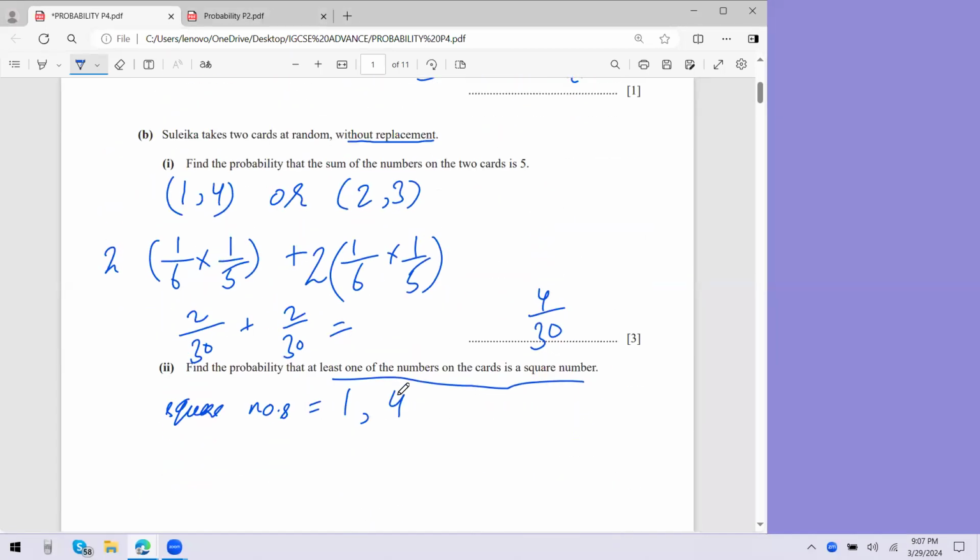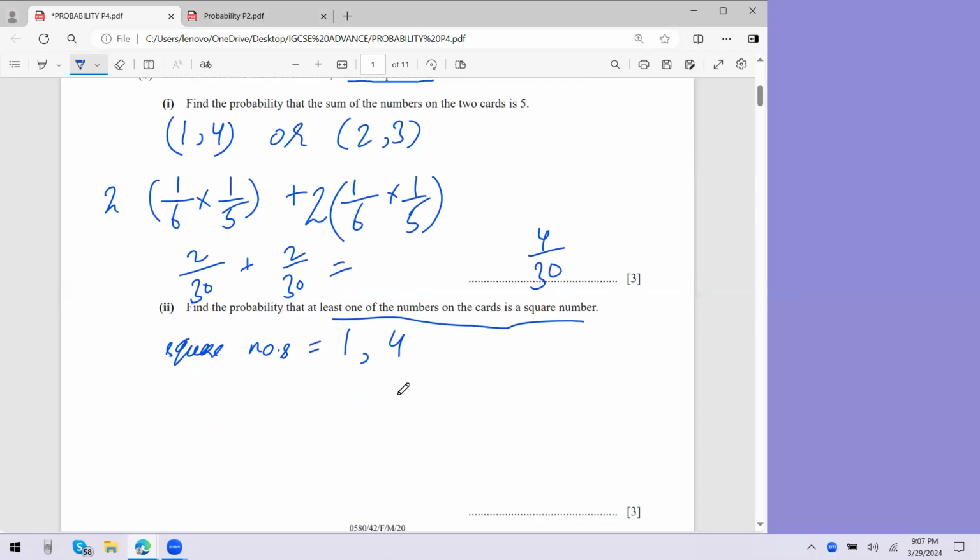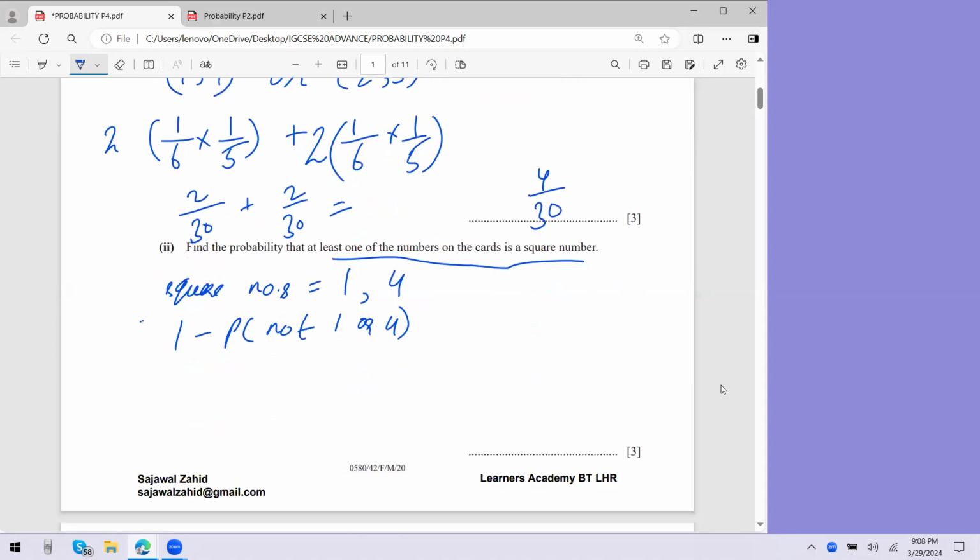So out of these 2 cards picked at random, we want either 1 or 4. Let's use elimination. Let's say we don't pick 1 or 4. So 1 minus the probability of not getting 1 or 4. Let's try it like that because that will be shorter.